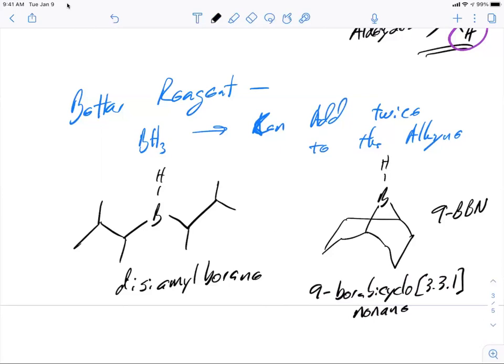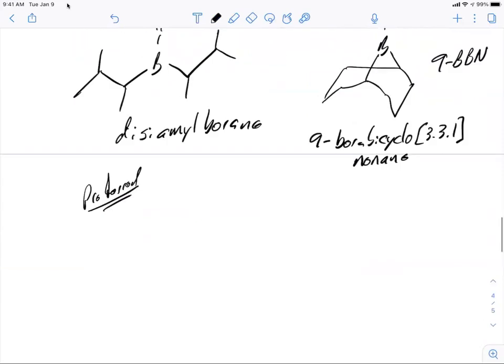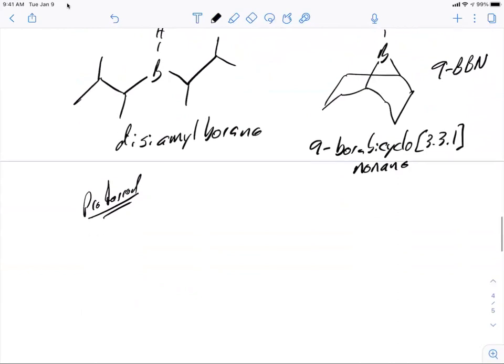It just makes more sense. Both of these are the preferred boranes that you would use for hydroboration of alkynes, again, because it decreases the complications that we would see with BH3. BH3 will work. These are the preferred. And you'll see that in most of our textbooks, this is what they're going to use.